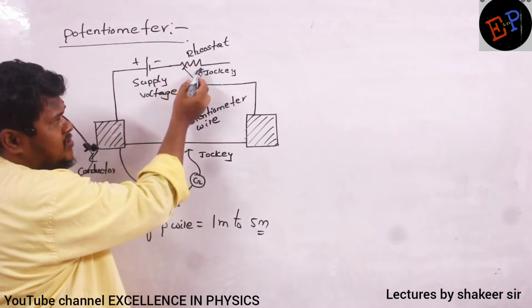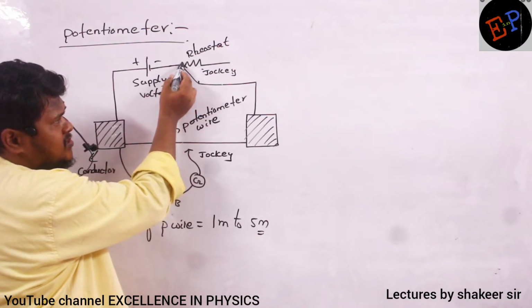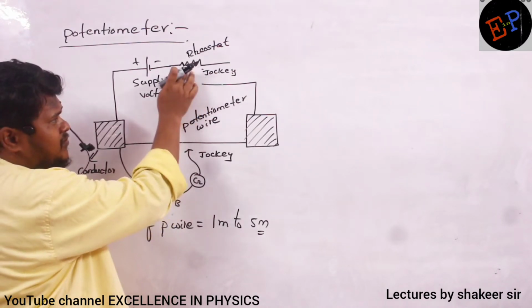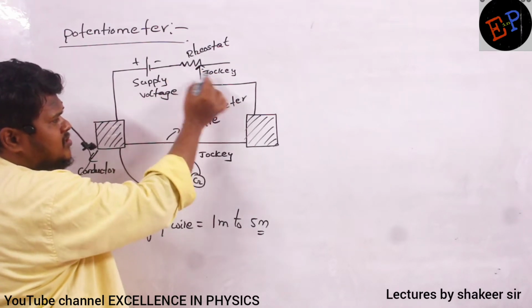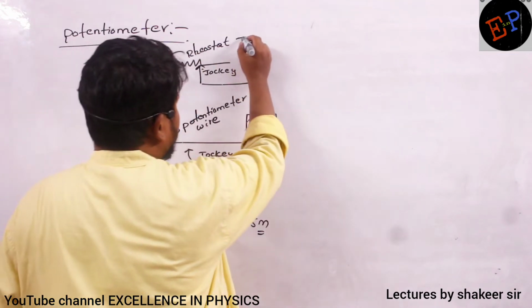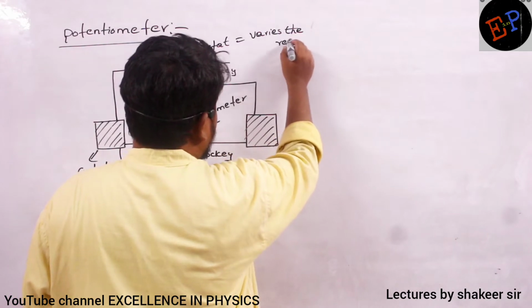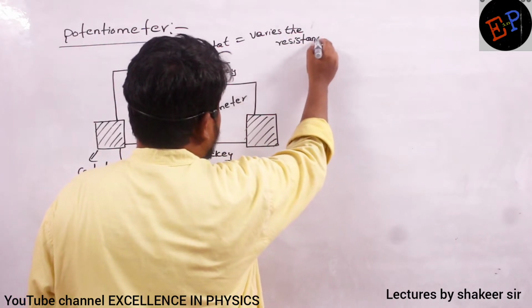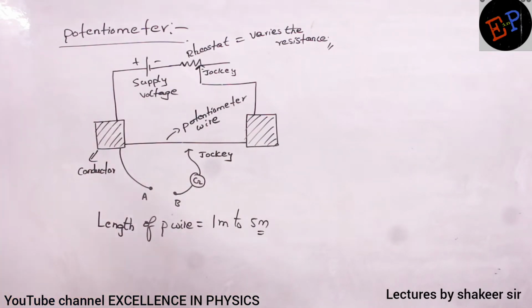If I connect the jockey somewhere here, it means total resistance is introduced in the circuit. So the rheostat varies the resistance, giving the required amount of resistance.